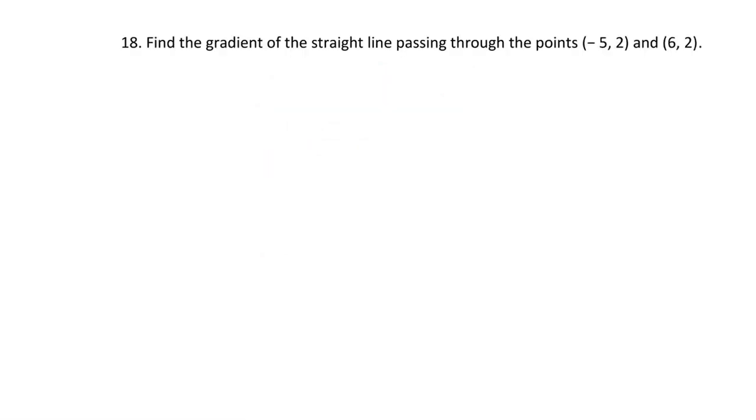Question number 18. Find the gradient of the straight line passing through the points -5,2 and 6,2. Let us recall the formula for the gradient of a line, m, which is given by y2 minus y1 over x2 minus x1.